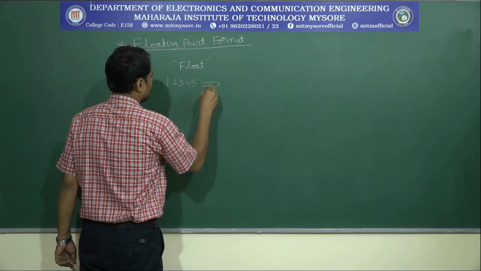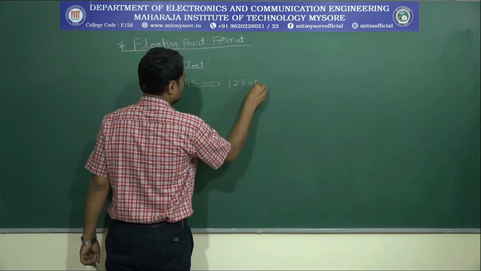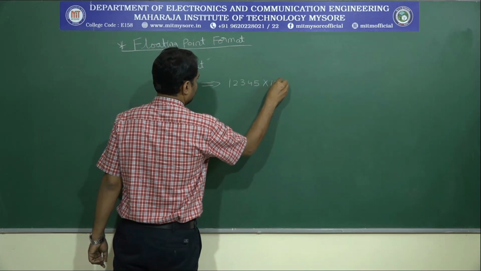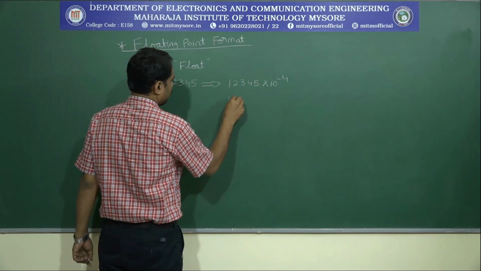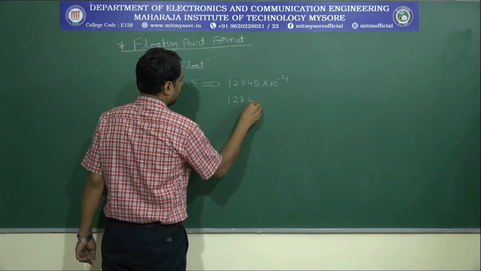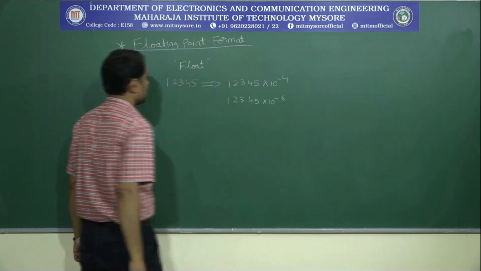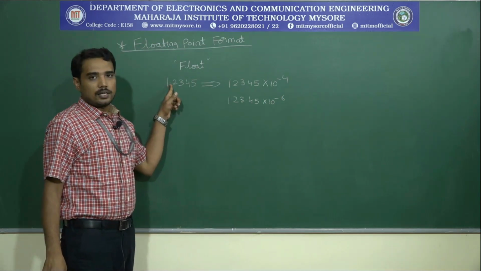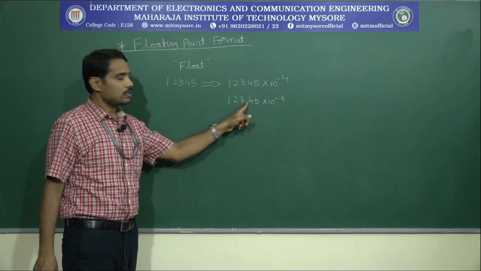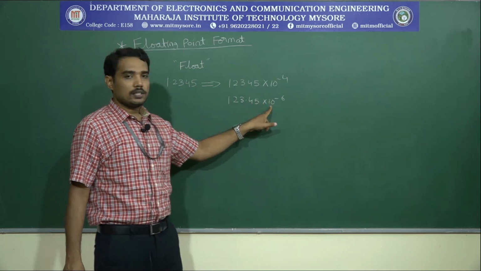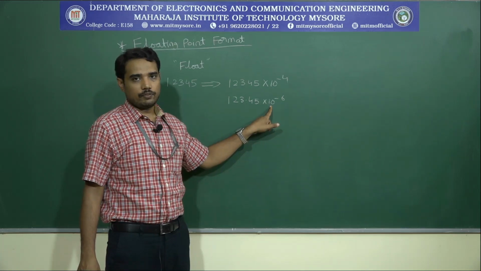This can be represented as 12345 into 10 to the power minus 4, and further we can write 123.45 into 10 to the power minus 6. This point is not fixed, it is going to float with respect to the exponent value that is raised by a factor of 10.